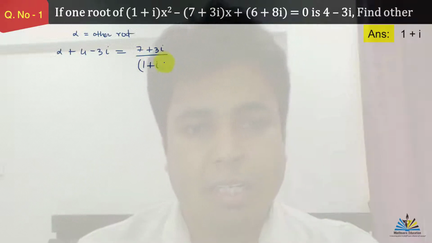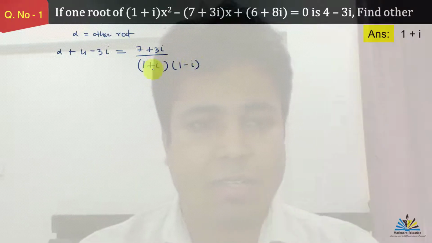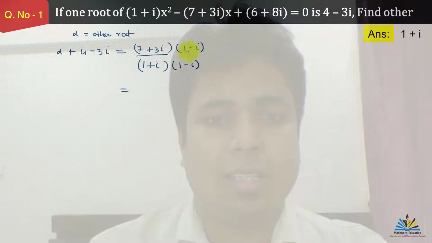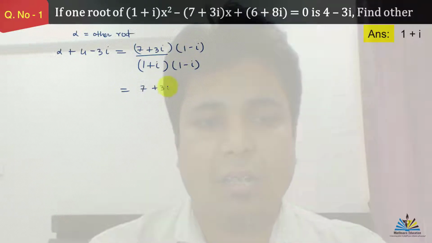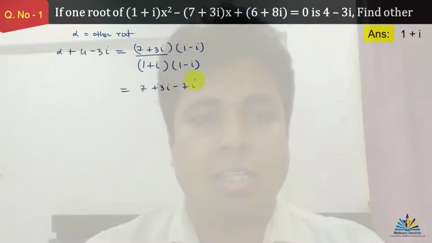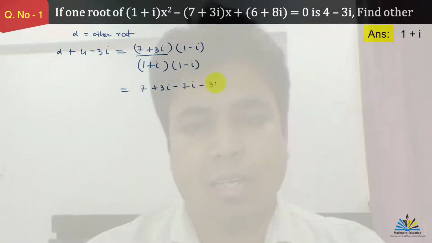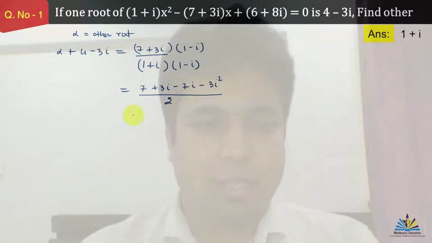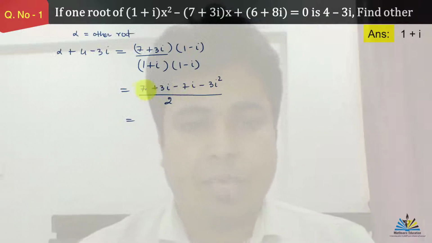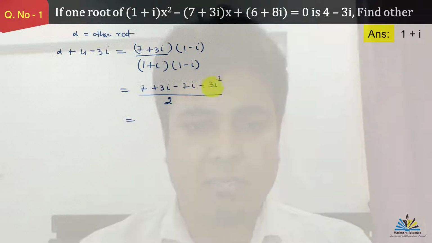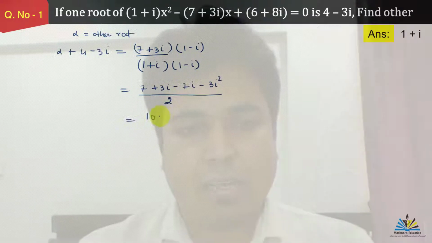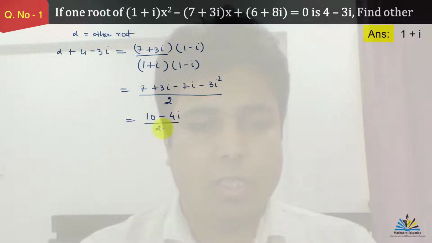Now if we multiply the denominator by 1 minus i, that is its conjugate, then we get 7 plus 3i, minus 7i, minus 3i square, upon 1 square plus 1 square, that is 2. So 7 and i square is minus 1, so 7 plus 3 is 10, and 3i minus 7i is minus 4i, upon 2, that is 5 minus 2i.